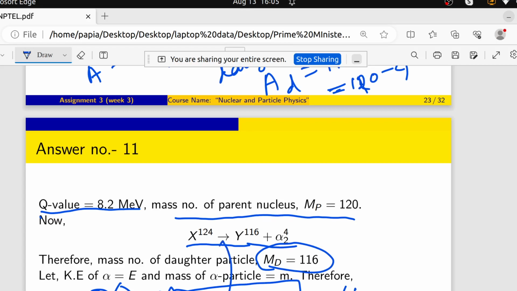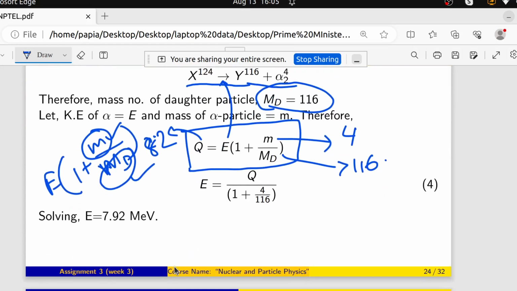Now we need the value of E. Q equals E into 1 plus M by MD, so E will be Q divided by 1 plus M by MD.